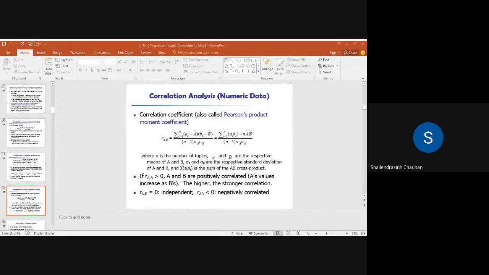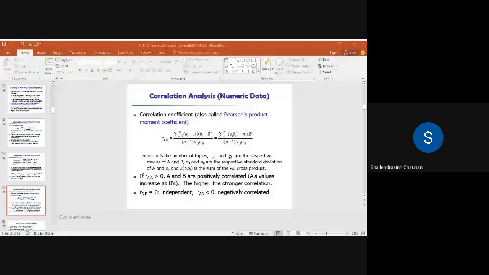This is the formula based on which you can find out Pearson's product moment. And we will see some sums based on this formula, where values of two attributes will be given to you, and that will be in numeric format.